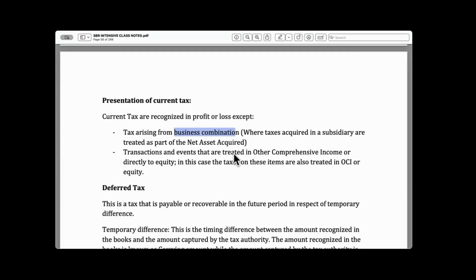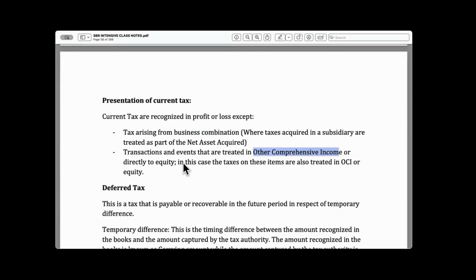Or if the current tax relates to items that are treated in OCI, if there's a tax on an item that you took to other comprehensive income, like tax on revaluation surplus, or you need to consider the tax effect on a fair value through OCI asset, or you had a return on plan assets that you need to consider the tax implication of, or any other related item that goes to OCI, the tax on it should go to OCI.